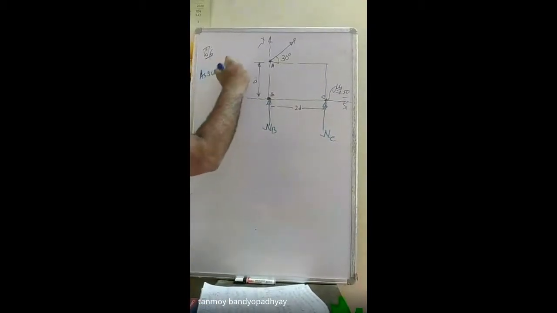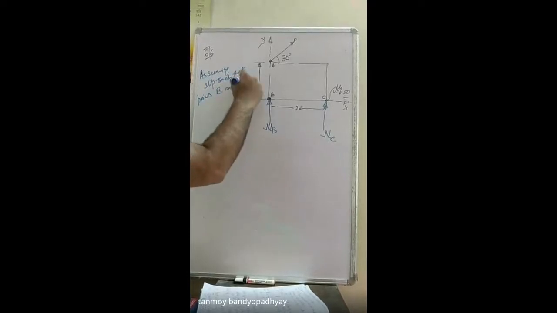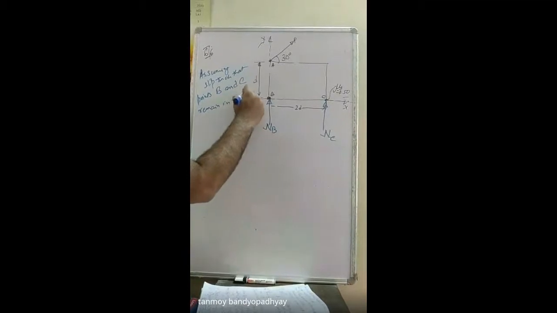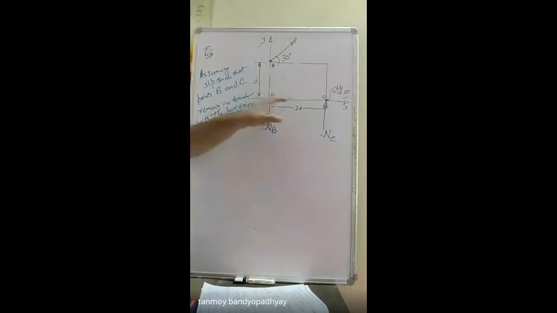Just write down, assuming slipping such that points B and C remain in touch with the surface. So initially we are assuming slipping such that the points B and C maintain touch with the surface.